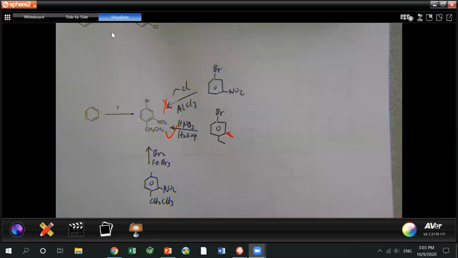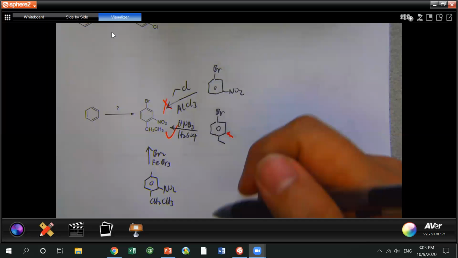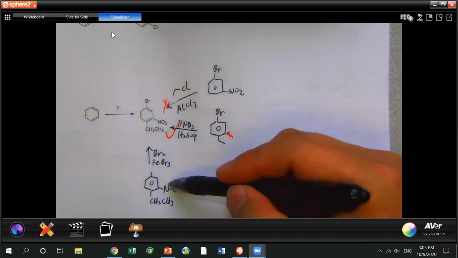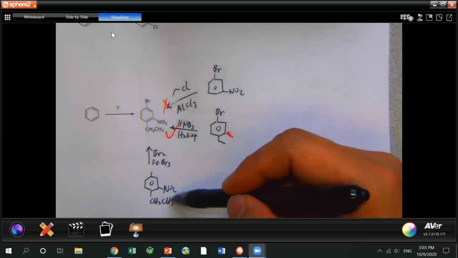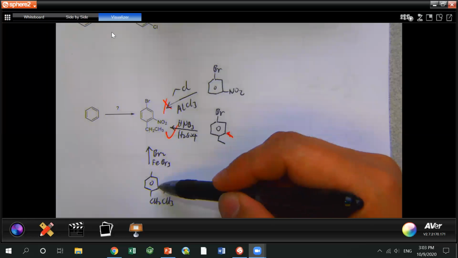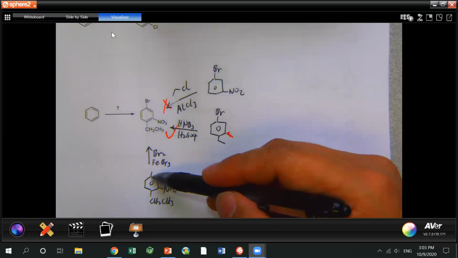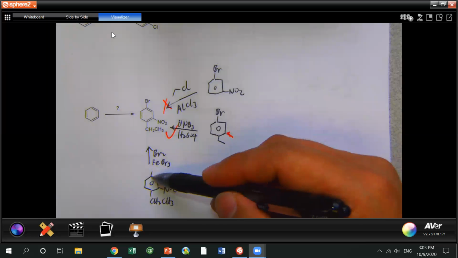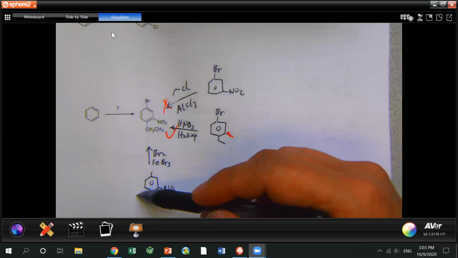This one still seems to work. The reason is that you have the ethyl group and the nitro group. The ethyl is an ortho/para director, so it can direct the bromine to the ortho or para positions, so the Br can go here and can also go here.